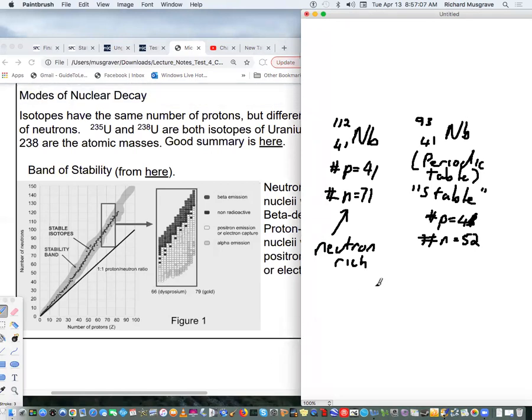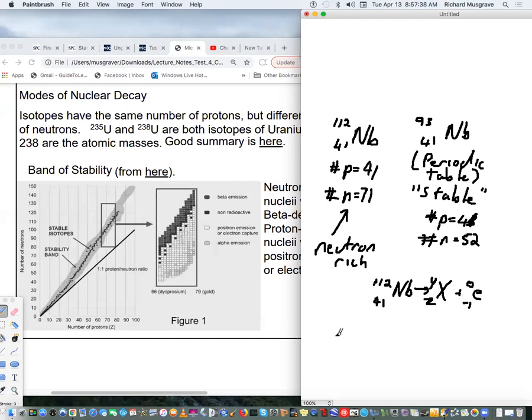I'm going to show you the equation of how our neutron rich friends here will decay by beta emission. Beta emission is loss of an electron. So I'm going to try and figure out what we're going to get if we lose an electron. I'll explain why this matters in a minute, but an electron has 0 mass and -1 charge.